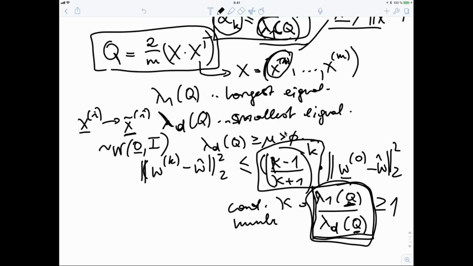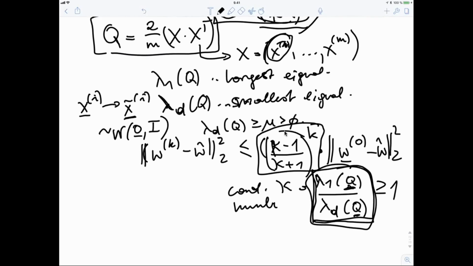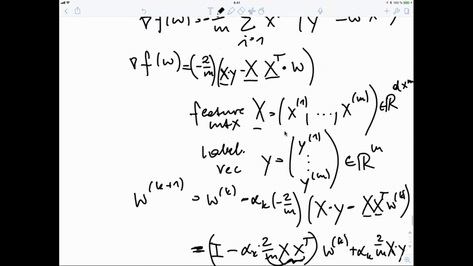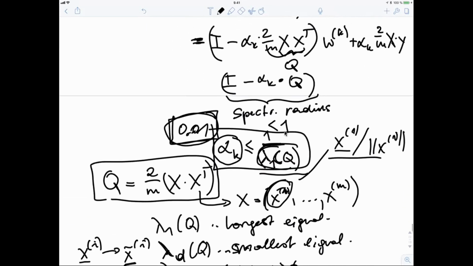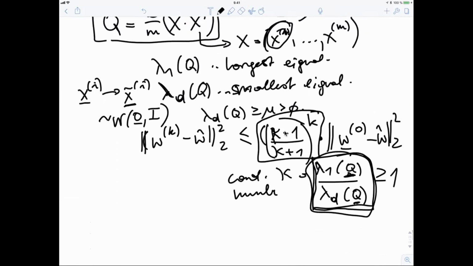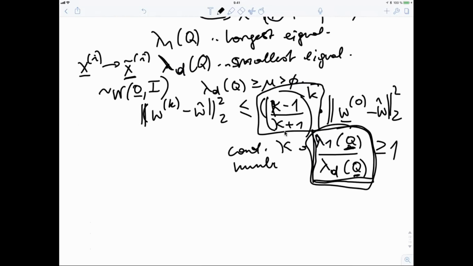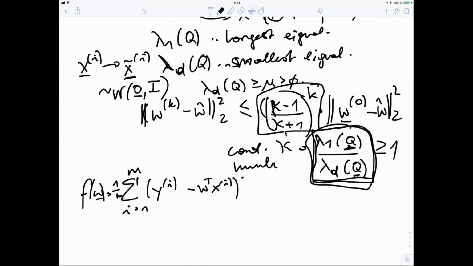By the way, another way to tune the convergence speed of gradient descent is to change the objective function. If the objective function that you minimize is the average squared error loss over the training set, plus an additional term, lambda times the squared Euclidean norm.